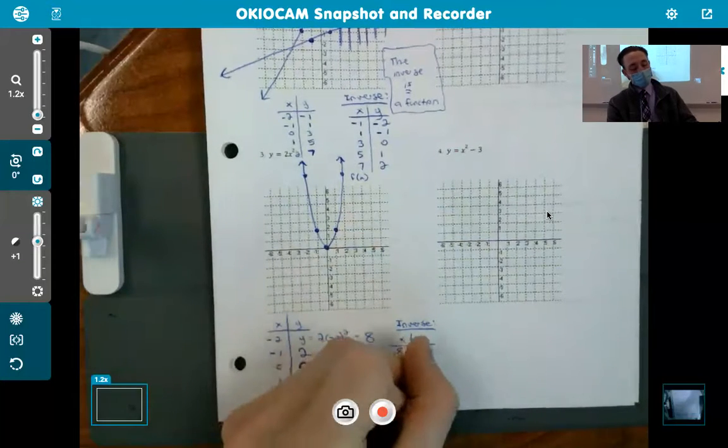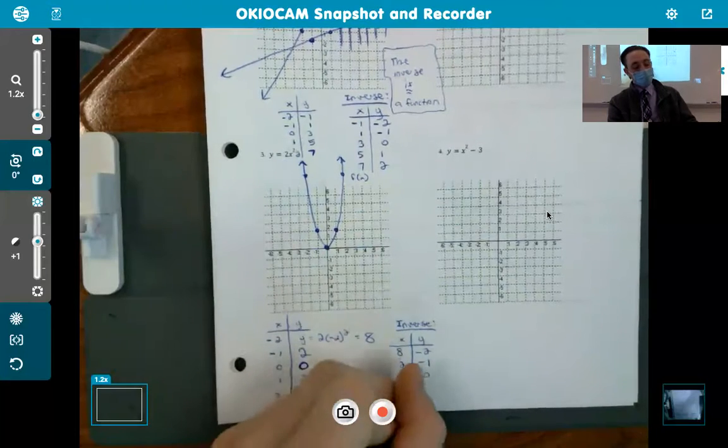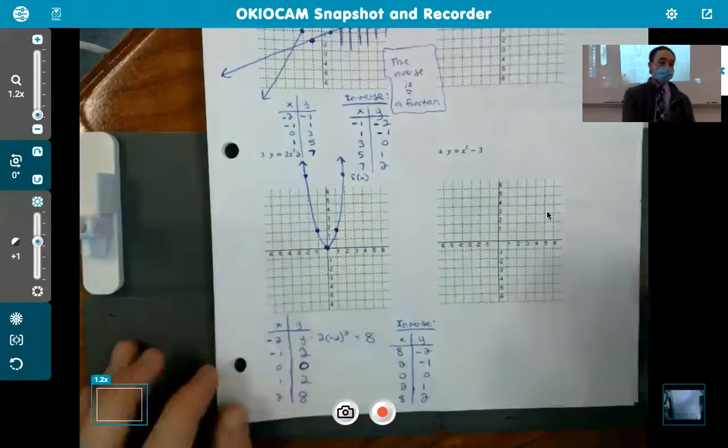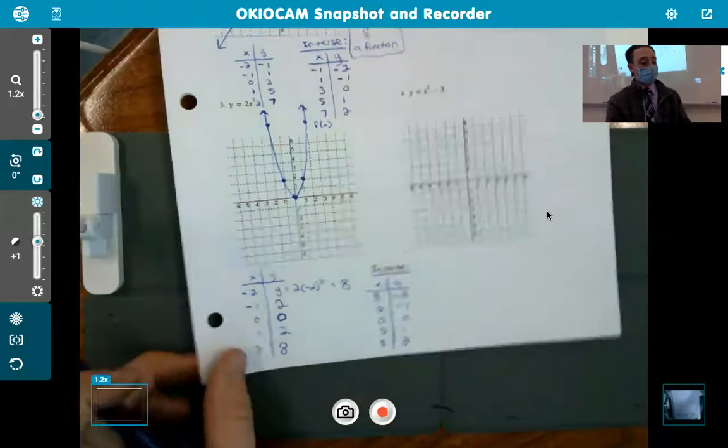And I'm going to continue this process on. 0, 0 obviously won't change. I'll have 2, 1, and then 8, +2. Okay. Now I'm going to go through and plot those points. All right.